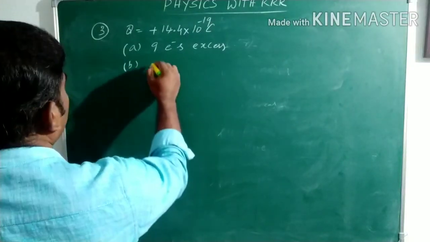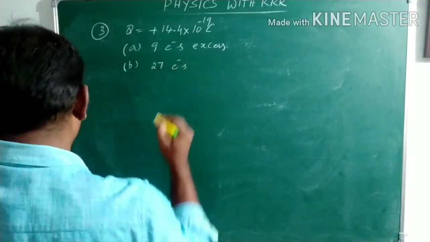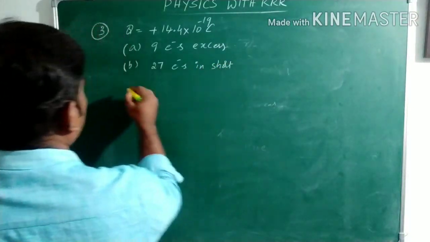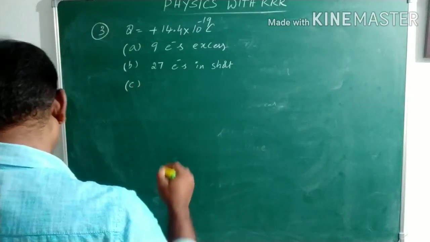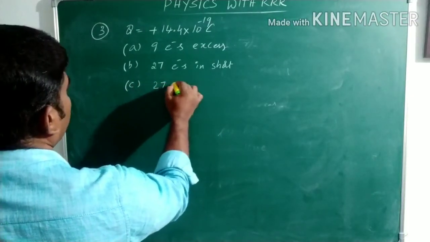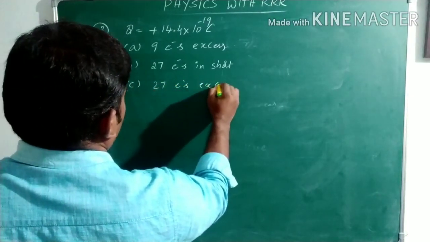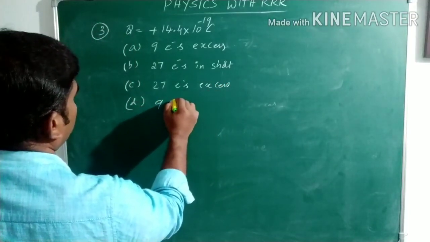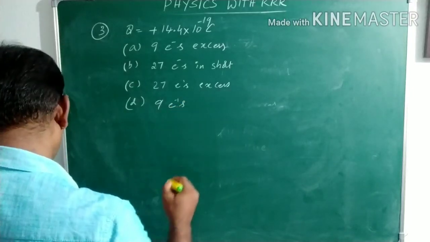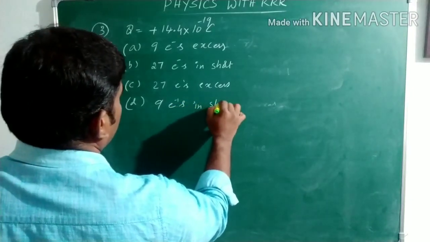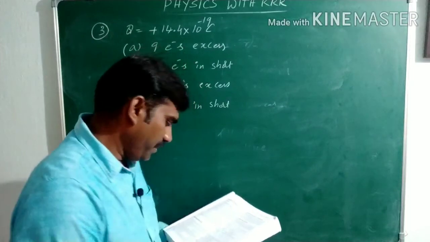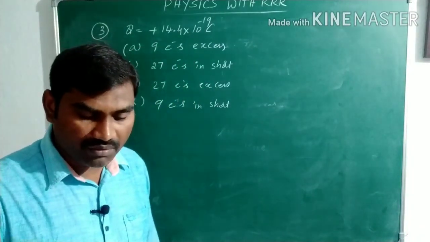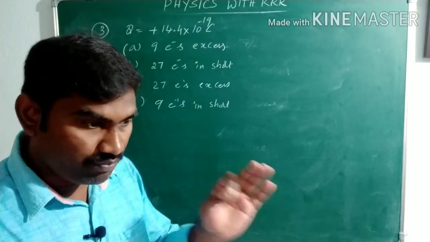Option B, 27 electrons in short. Option C, 27 electrons in excess. Option D, 9 electrons in short.